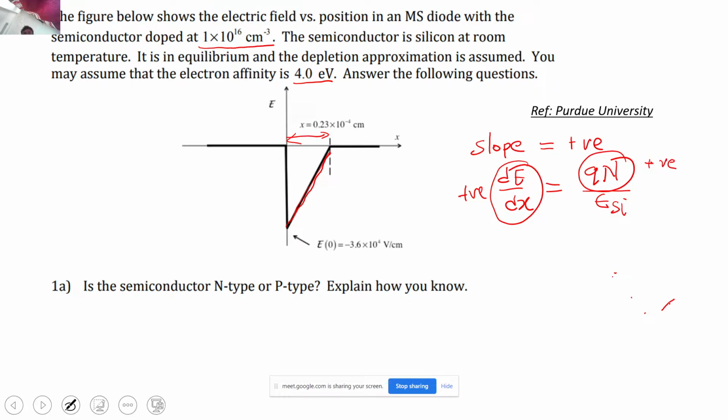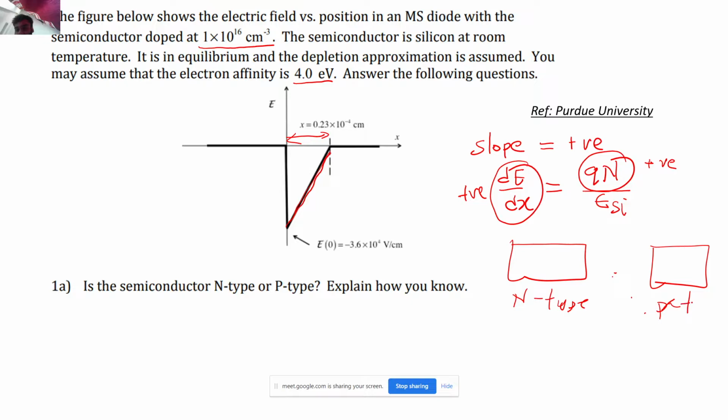Now please tell me in which type of material the charge density will be positive. Here I have, let's say, an N type, and here I have a P type. The majority carriers flow from this semiconductor material, and whatever is left behind constitutes a net positive charge. In which type of material will that happen?